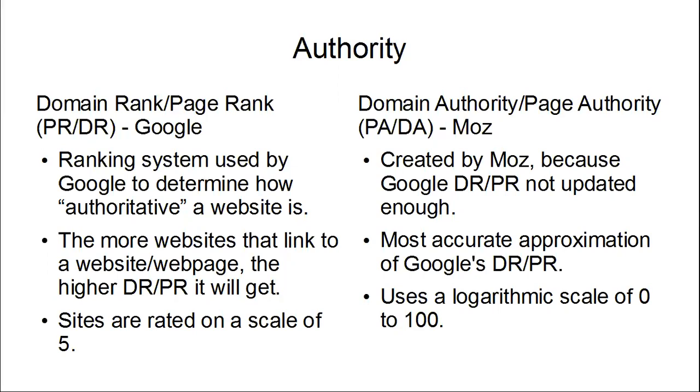So it's a little bit more precise as well. It's updated regularly, more frequently than Google does. And the scale runs logarithmically, so the higher the number you get, the more links and the more quality your links have to be in order to move up to the next number.